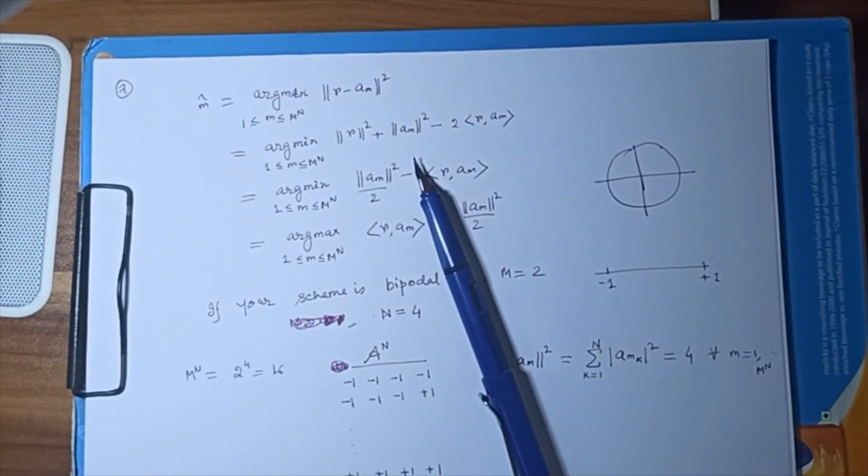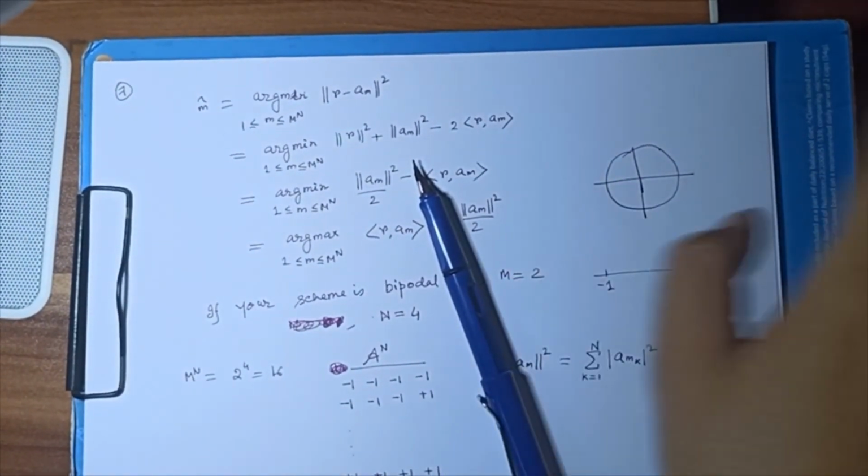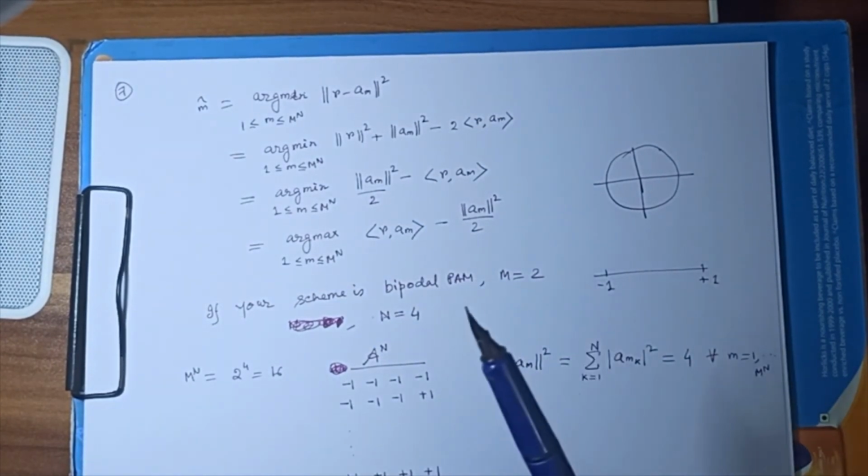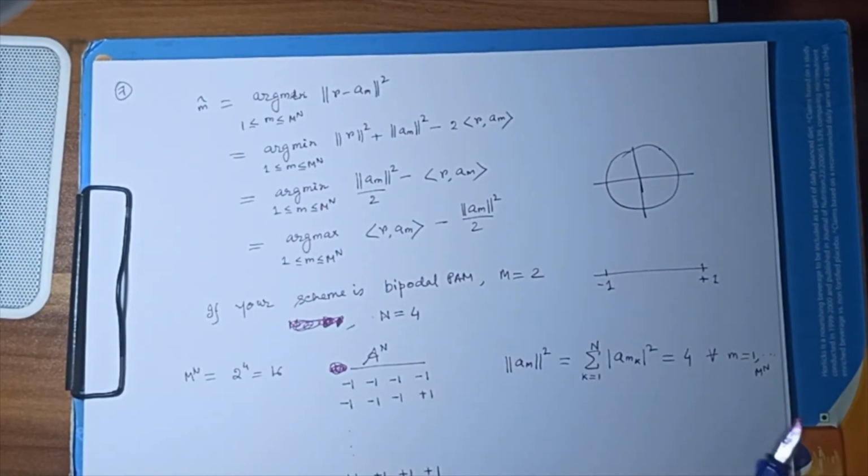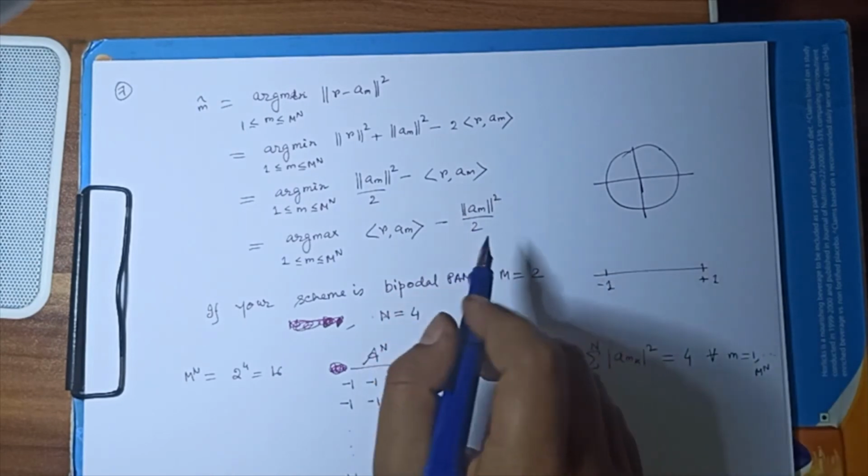However, general QAM will not have that, like the rectangular grid or hexagonal grid, some other kind of grid. It may have different energies.